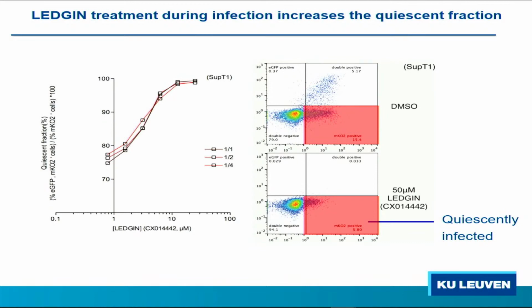If you do the same experiment with a high amount of legend, 50 micromolar, you see much less infected cells because of inhibition of integration. So in total about 5%, I think. You have to add those two numbers, but very few of those residual infected cells are productively infected. They're all quiescent. Yeah?